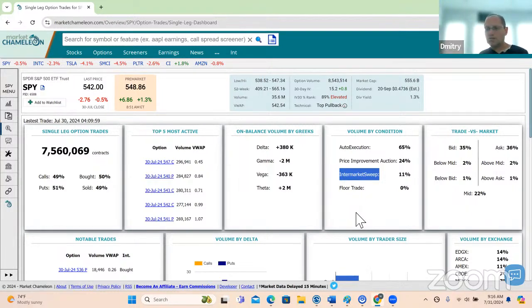So in reality, what you're seeing in front of you is, yes, the best price is $1.10, but I need 100. 100 of these contracts are not available. And if I go try to get that at $1.10, clear that, and then go to the next exchange, and then go to the next exchange, as I'm going through one exchange at a time, the market could move and I'll miss out on that liquidity.